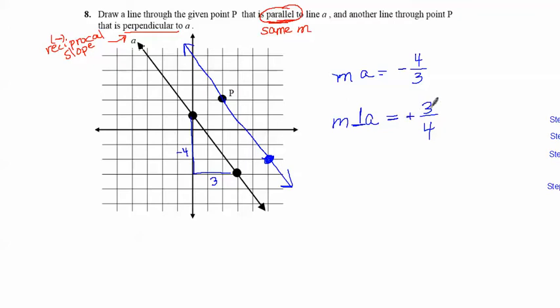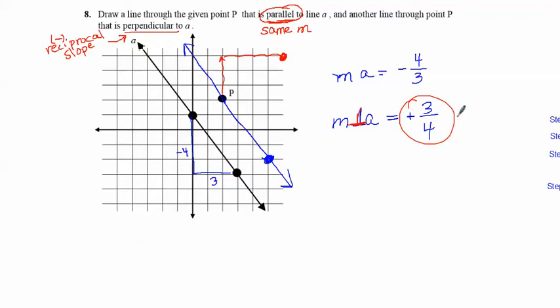So now it's positive. So let's try the perpendicular line using this slope starting from my given start point. This says to go up 3, so 1, 2, 3 positive, and then 4 positive also, 1, 2, 3, 4, to end up here.